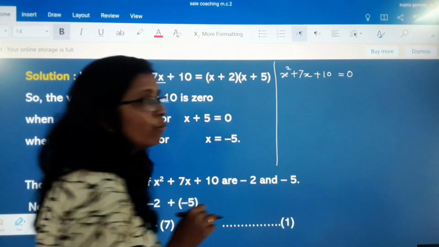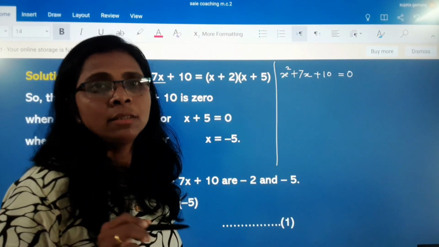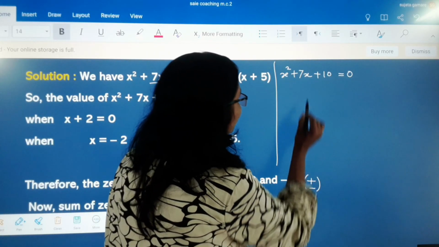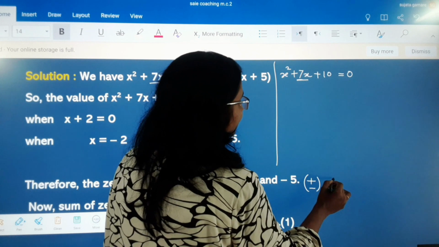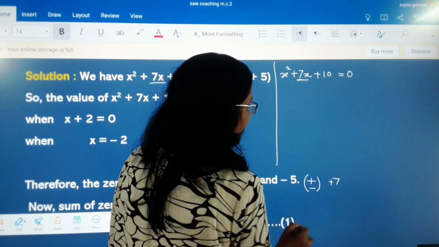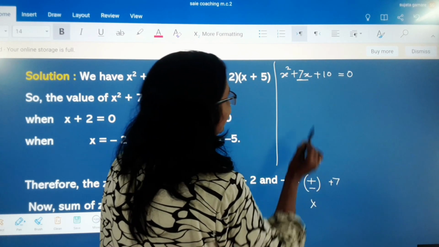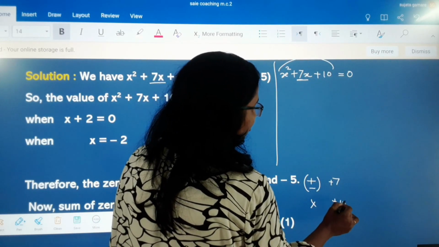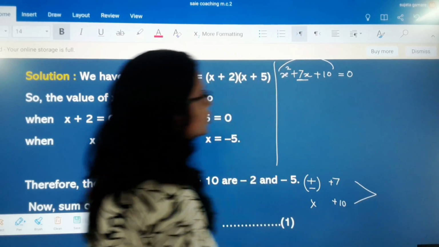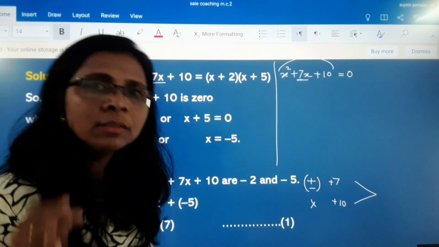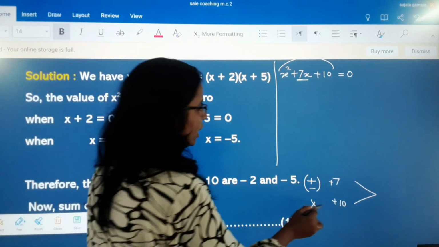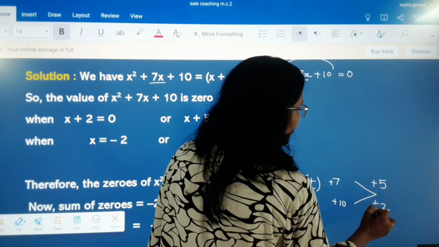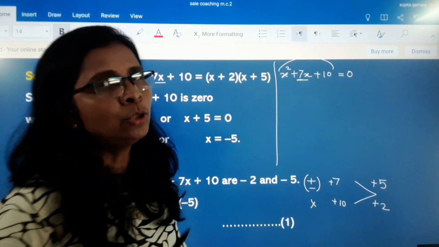We want two numbers whose sum is positive 7 and whose product is positive 10. Which are these numbers? 5 twos are 10, so positive 5 and positive 2. These are the two numbers.